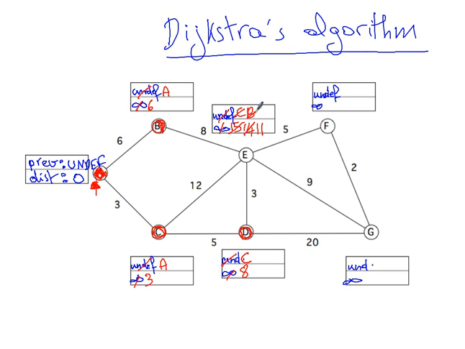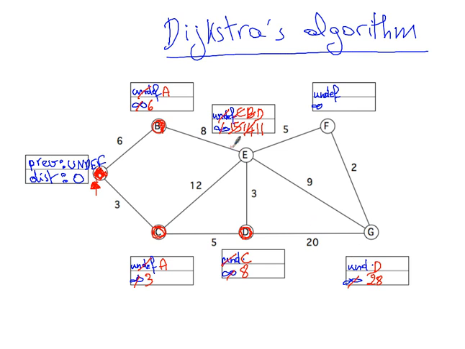Okay, you won't always be updating, but when you can update, that's a good thing because it means you are finding a quicker route. So to G, the distance will be 8 plus 20. 28 sounds like a lot, but actually it's much better than infinity, isn't it? Having updated this, I need to say I do that by coming from D.